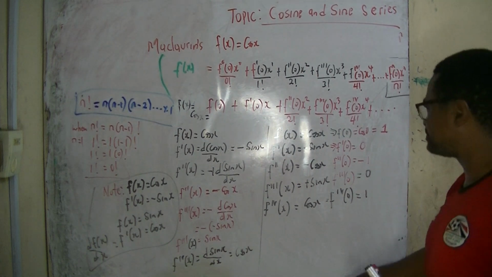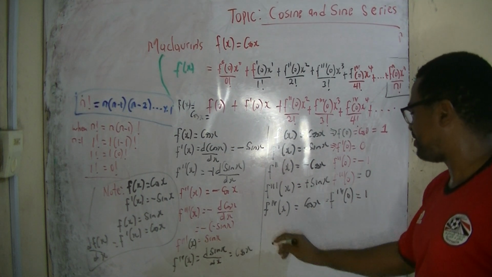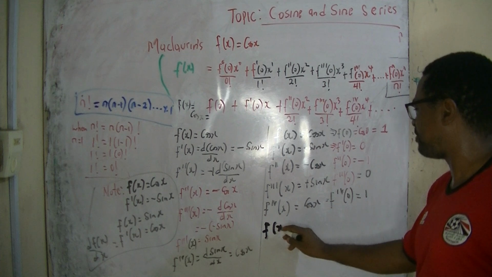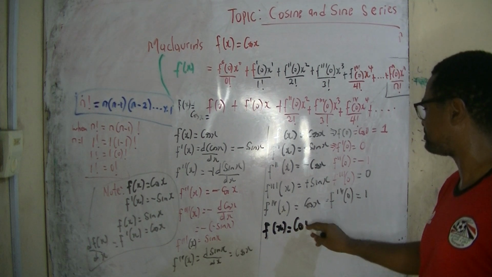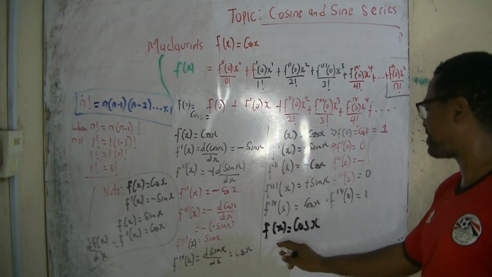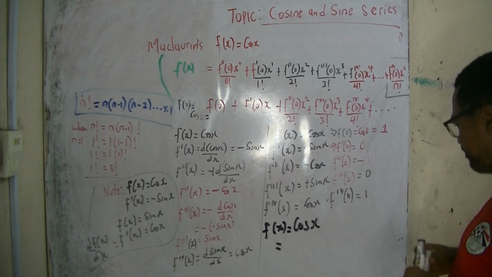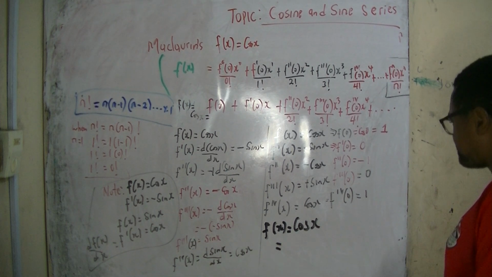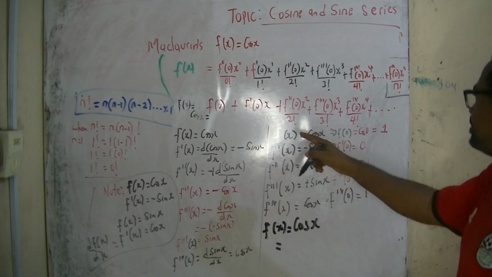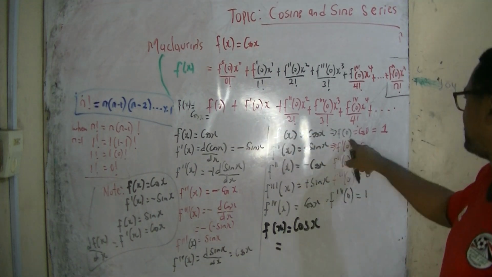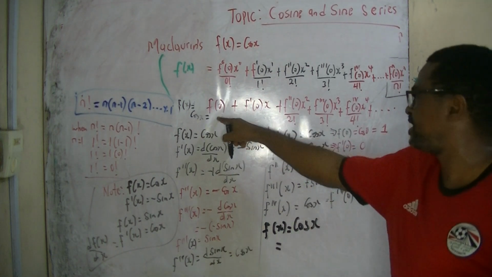So that means f of x, which is our original function, which is cos x, can be expressed in series form, in this format. Our f of 0, we've taken it to be 1, so you put 1 there.